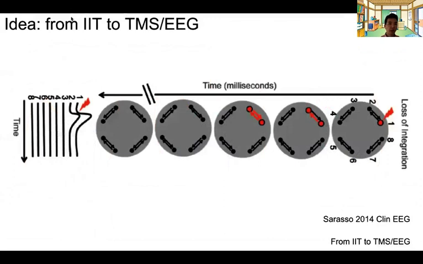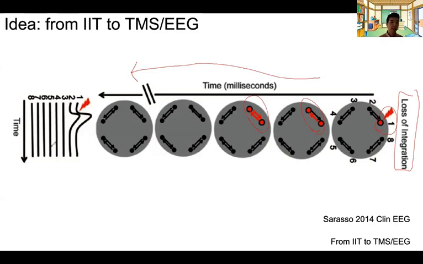Let's start with a situation where we stimulate this hypothetical system with a TMS. In this situation, the system has a loss of integration, and therefore it's expected to have a low integrated information value. If you stimulate unit number 1, because it's only connected to number 2, they can enhance each other, but as time goes from right to left, the initial activation goes down relatively quickly.